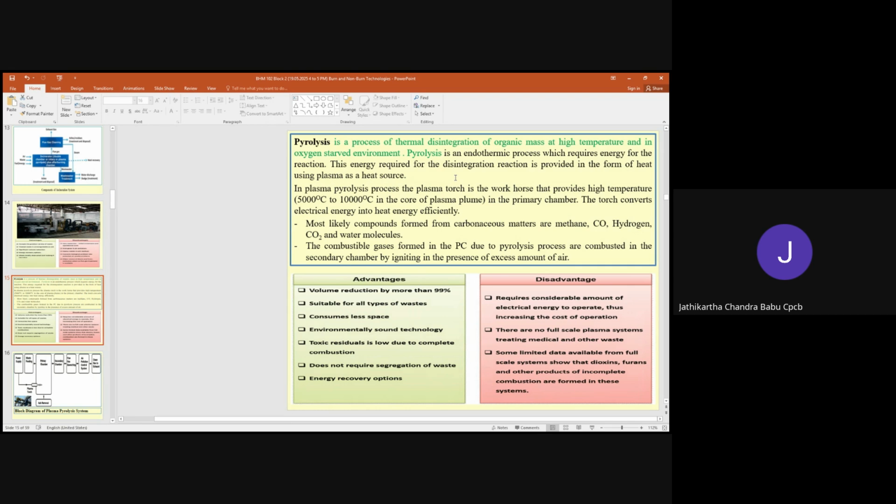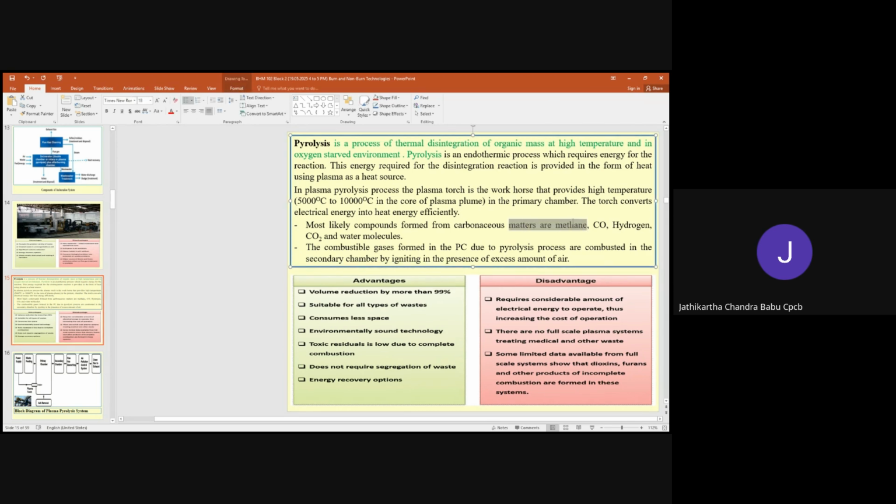You are going to give less oxygen. Therefore, in the presence of less oxygen, you are going to use plasma as the heat source, and using the plasma torch, you are going to generate a temperature higher than 5000 degrees centigrade, using electricity. This is the waste in starved condition. We call it starved condition. We are not going to give an adequate quantum of oxygen. In starved oxygen condition, the waste is going to be converted into gases like syngas.